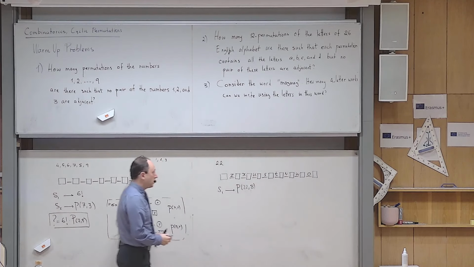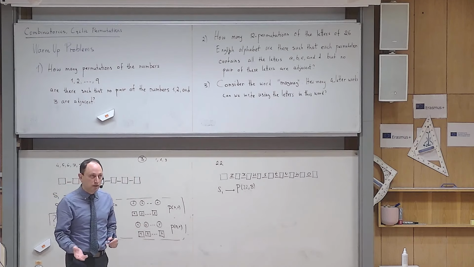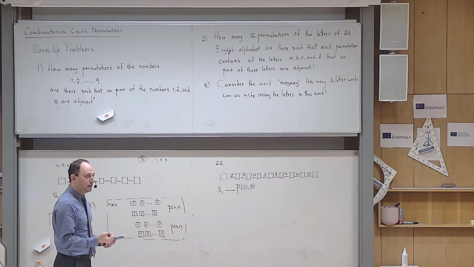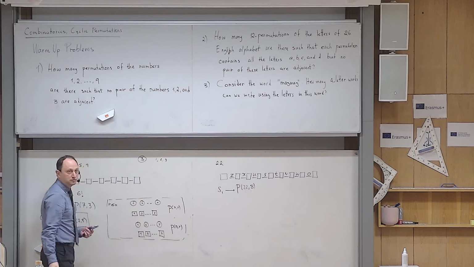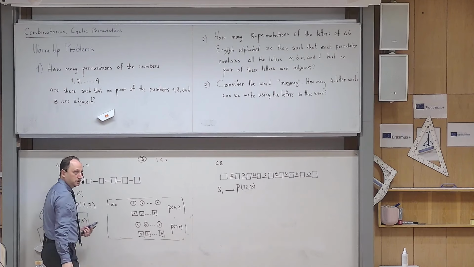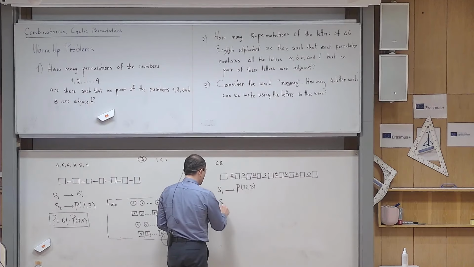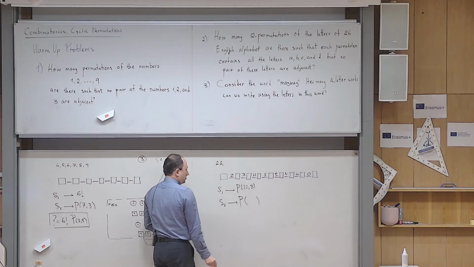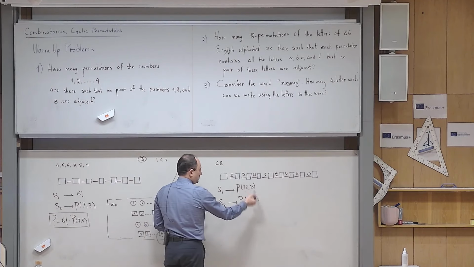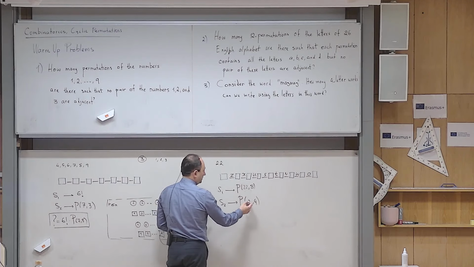Yes? So how many boxes do I have now? I have 9 boxes. But how many marbles do I have? Here A, B, C, and D are playing the role of the marbles. So which one of these models is working now? The lower. Yes? But the answer is again the same. Okay, so stage 2, I have P. The number of marbles is how many? 4. The number of boxes is how many? 9.